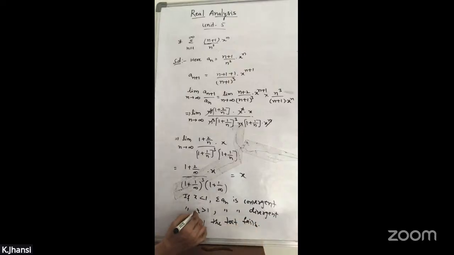So these are the three conditions. If x is less than 1, it is convergent. If it is greater than 1, it is divergent. And if x equals 1, the test fails. Now for solving the problem, we have to substitute x equal to 1 in the given an, then find the limit of that. From that, we can find whether it is convergent or divergent.